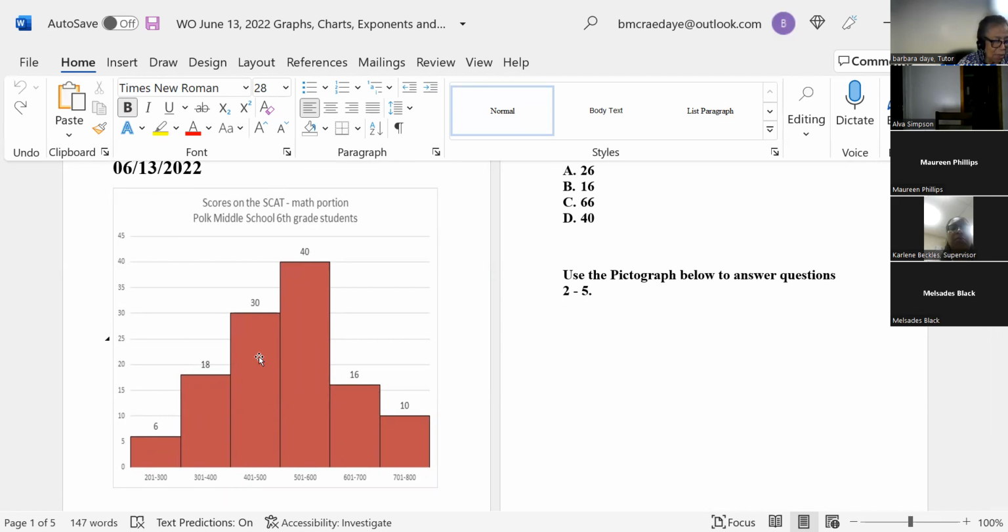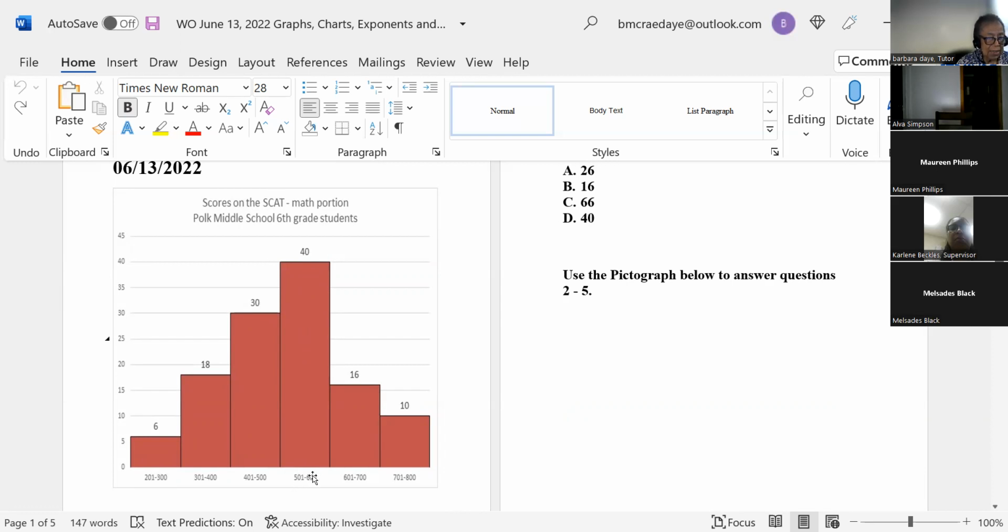Okay, so Mercedes, the 6 right here represents the number of students that fell within the range 201 to 300, whereas 40 students were in the range 501 to 600.